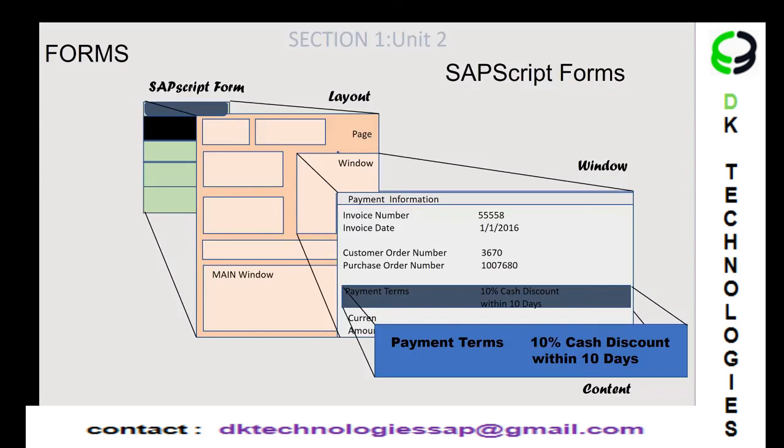Either you generate a report out of that data, or using an interface, you push this data to an external system. For example, let's say you have a business partner, and the moment a sales order or a purchase order is created in your system, you want to automatically send it to your business partner. You can integrate your system with your business partner's system using EDI or ALE technologies.